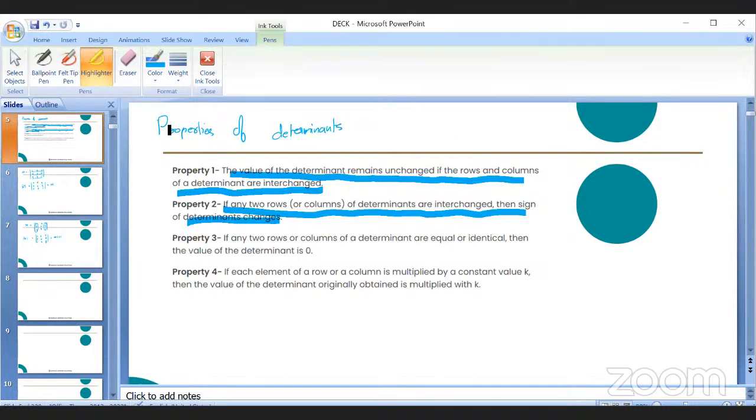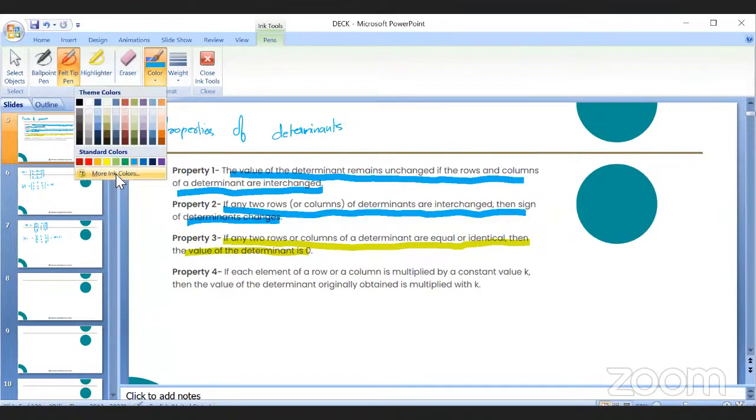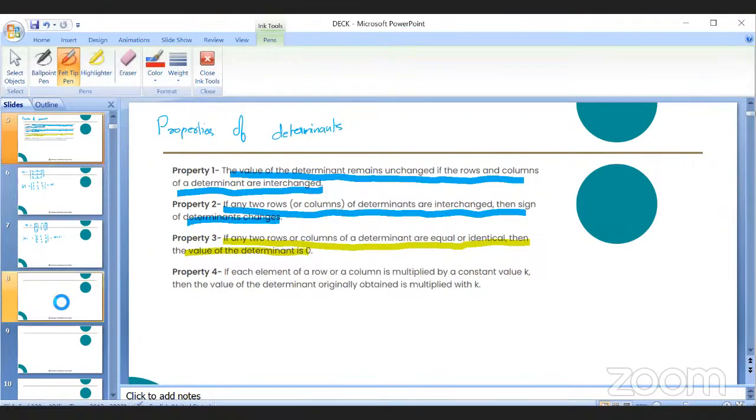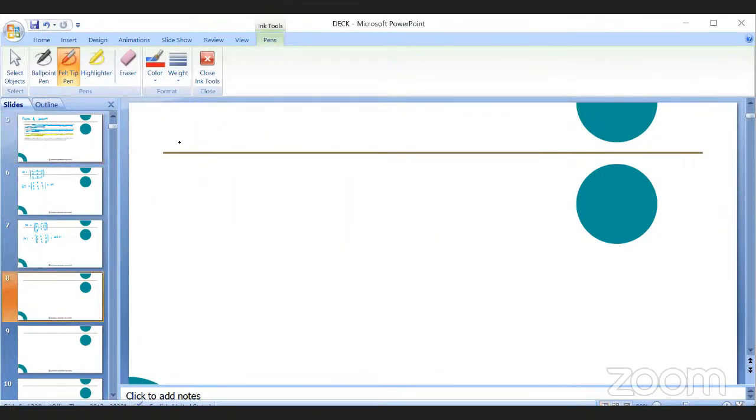Okay. Next, the third property: if any two rows or columns of a determinant are equal or identical, then the determinant is 0. Now, suppose determinant of A is ABC, DEF, ABC.